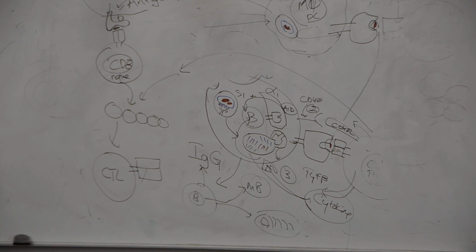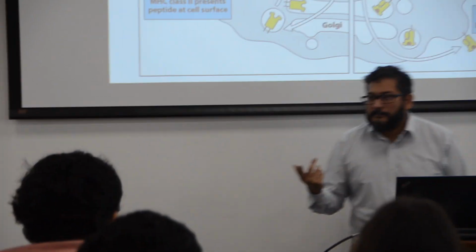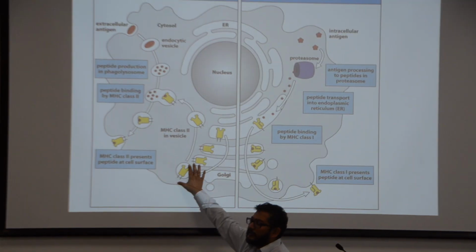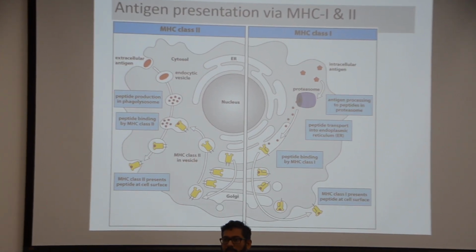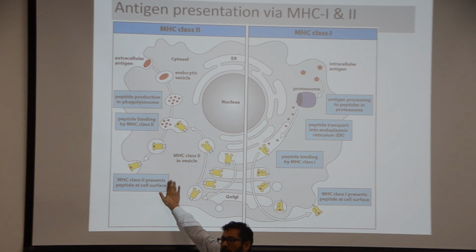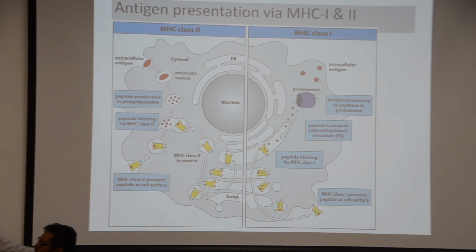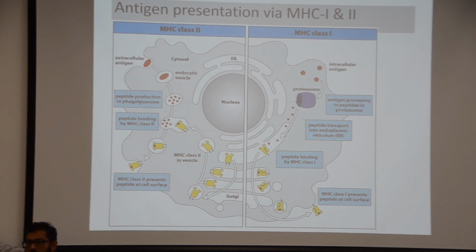Why? Because if there's a bacteria, extracellular, phagocytosed, it'll go to MHC2. Right? So if you talk about a poliovirus, this antigen presenting cell will see a virion going through the bloodstream, phagocytose it, present it on MHC2, and it's good enough to activate the T helper.